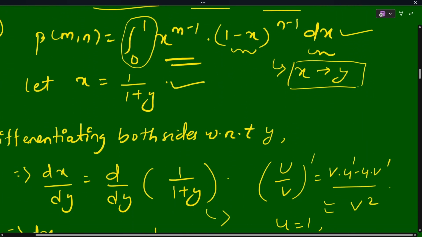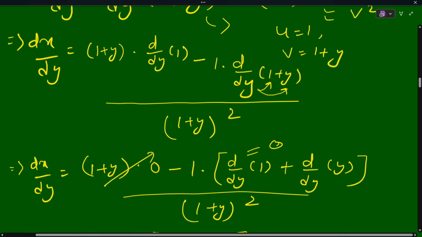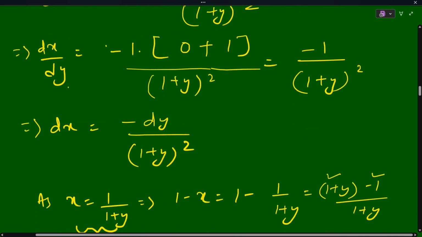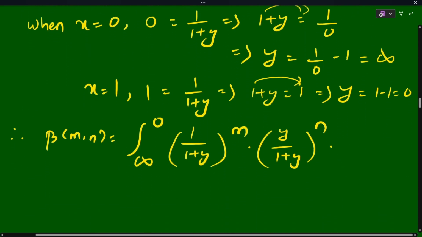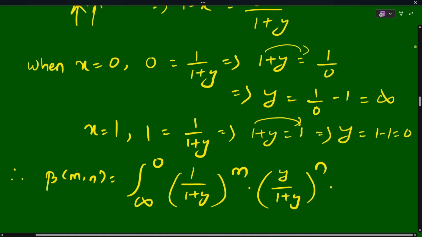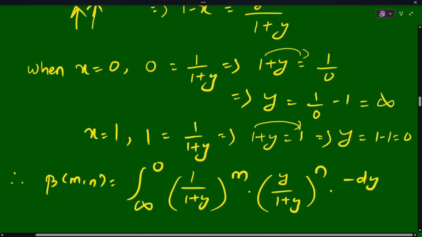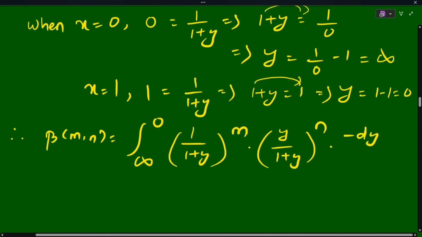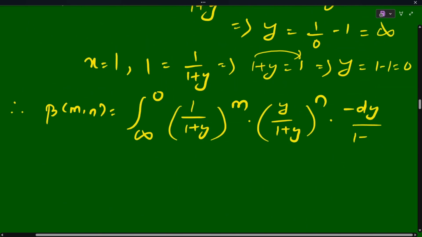So what is the value of dx? We already found out this one. dx is minus dy by 1 plus y whole square. So this one is minus dy by 1 plus y square.